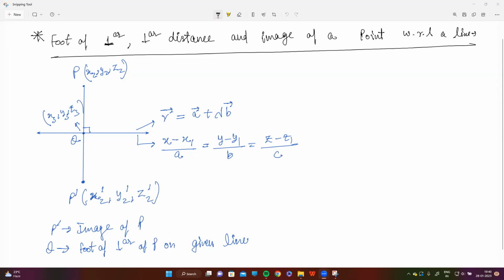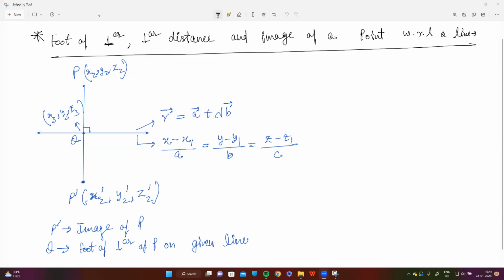Now, if I find the shortest distance from this point to the line, that distance would be the perpendicular. Let's say that shortest distance is PQ, with some point Q. Then that point Q is known as the foot of perpendicular, because that is where the perpendicular lies, the bottom of the perpendicular.